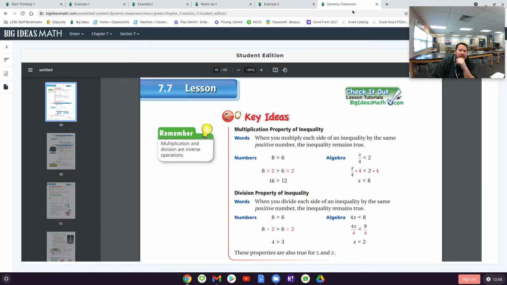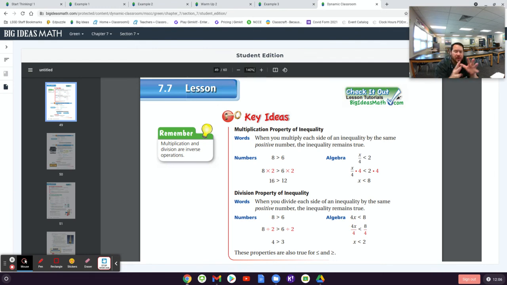Okay, so here's a little bit of notes for you. And I also want to talk about the one exception that you're not going to see this year, but you'll see next year. This method for multiplying and dividing is just like solving equations, with one exception. If you ever divide or multiply by a negative number, the alligator turns around.